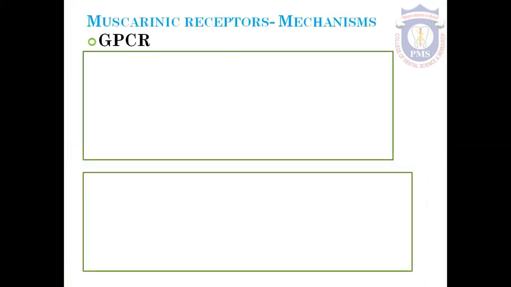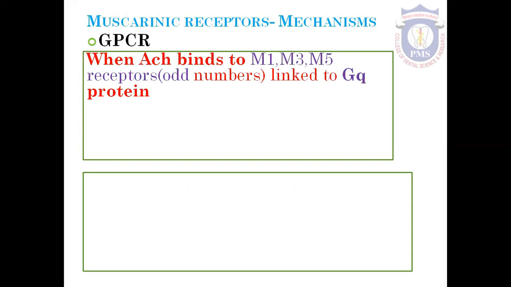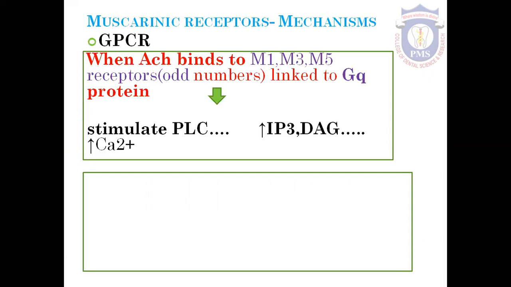The muscarinic receptors are G protein coupled receptors. When acetylcholine binds to M1, M3, and M5 receptors, they link to a protein known as Gq protein. As a result of this binding, it stimulates phospholipase C and increases the level of inositol triphosphate and diacylglycerol, and also causes an increase in calcium ion concentration.